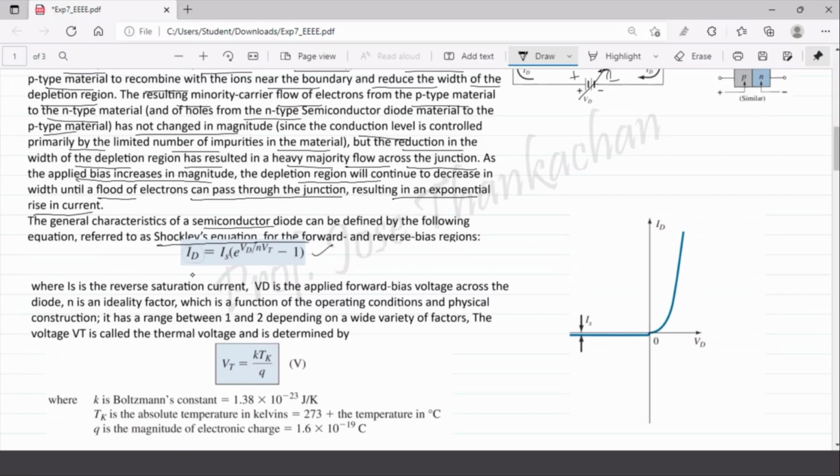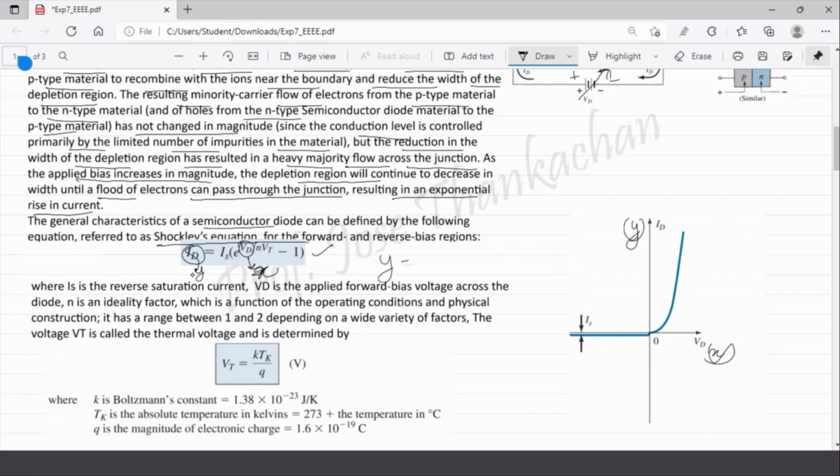So what is the current here? Current is Id. So this is on the y-axis, and this is the voltage on the x-axis. If I'm plotting Id versus Vd, you can see that this will be an exponential curve.